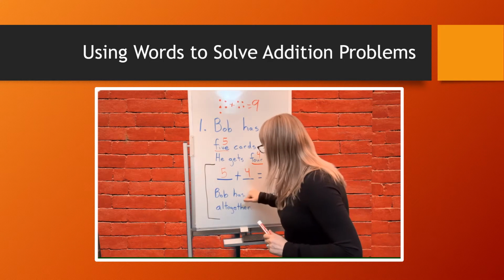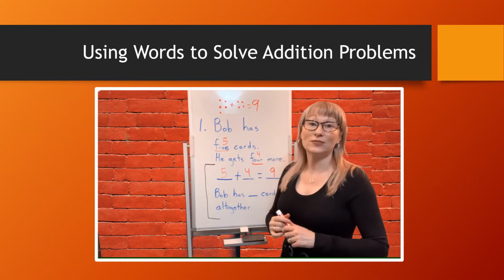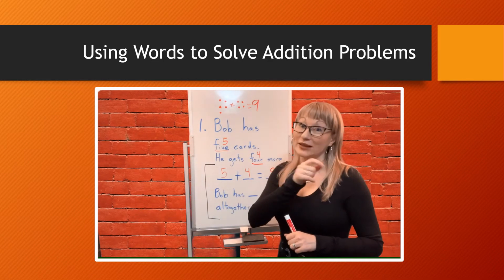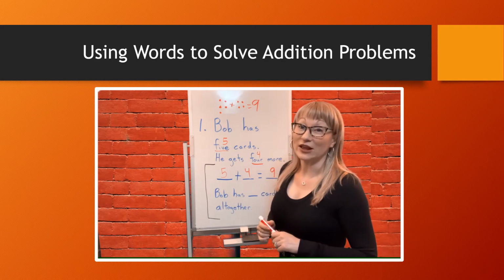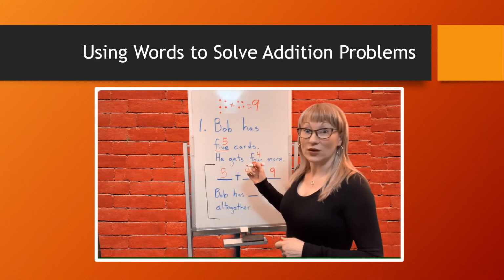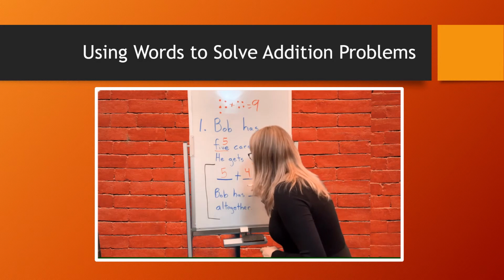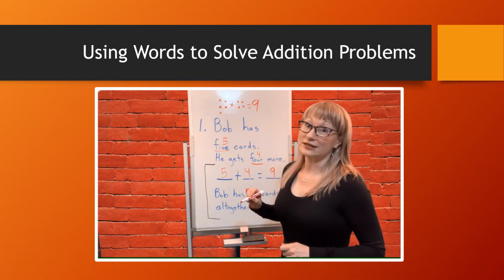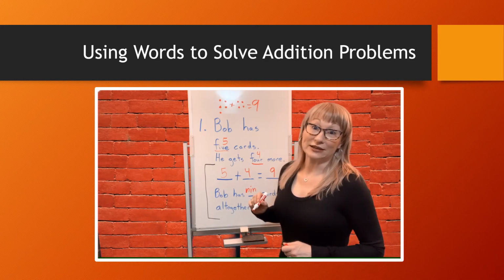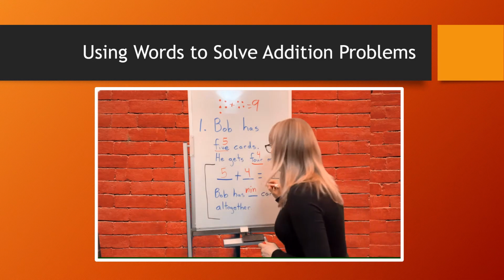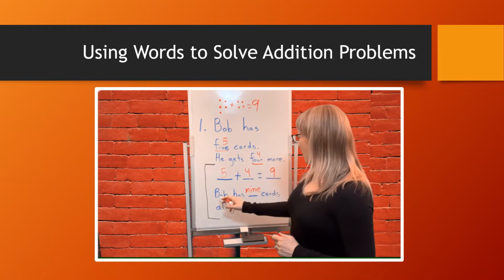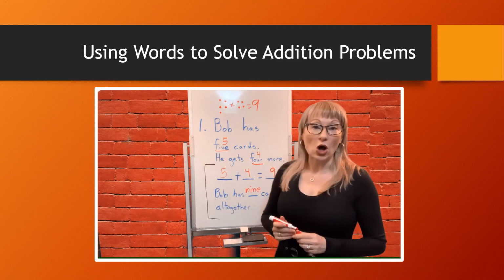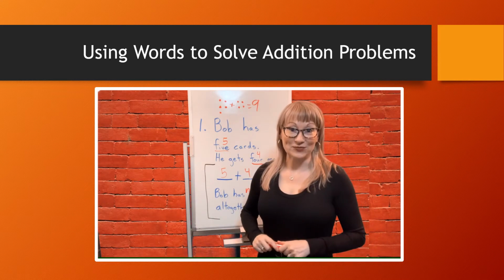So if you want to write the numeral, go ahead. If you want to try a little bonus and see if you can get the number word in, let's go ahead and do it. And there's something silent on the end, otherwise just nin. Yeah, we need an E on the end. Nine. Bob has nine cards all together.